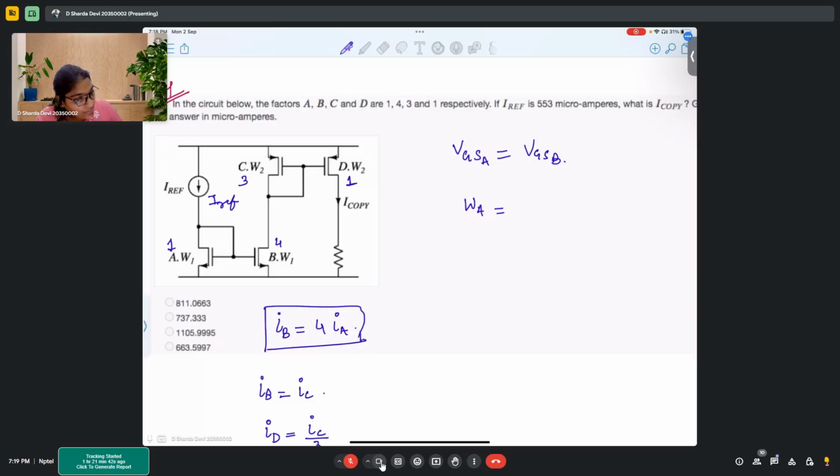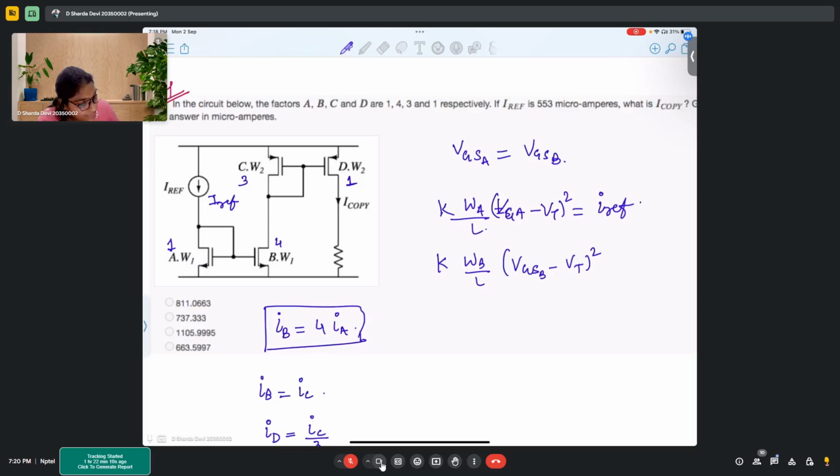Now K WA by L, VGS A minus VT whole square, equal to IREF, right? So K WB by L, VGS B minus VT whole square.